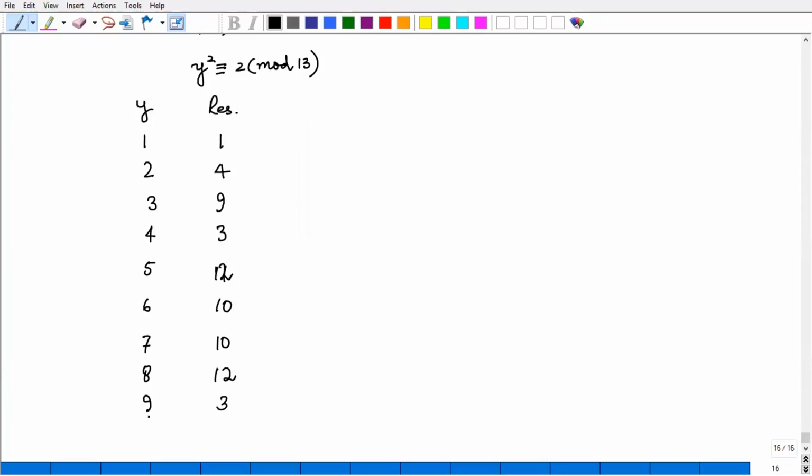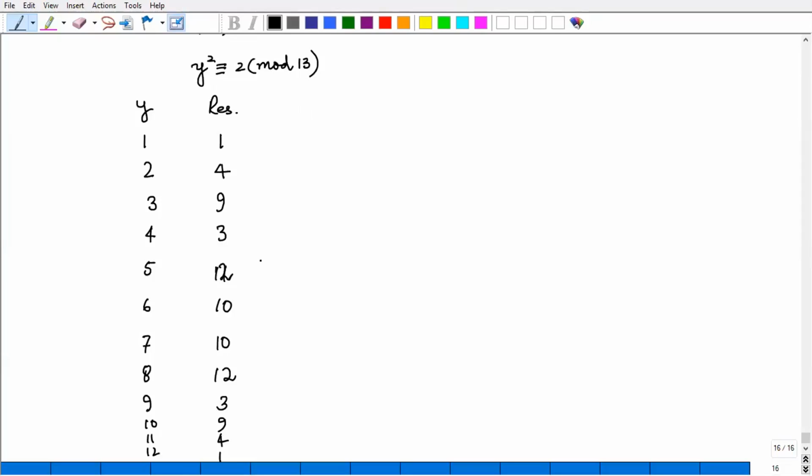And then for 10, it is 9. For 11, it is again 4, and for 12 it is 1, and for 13 it is 0, the same as for 0.